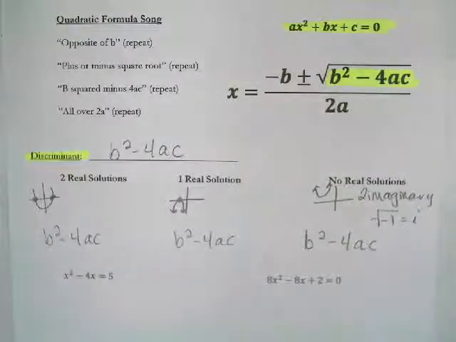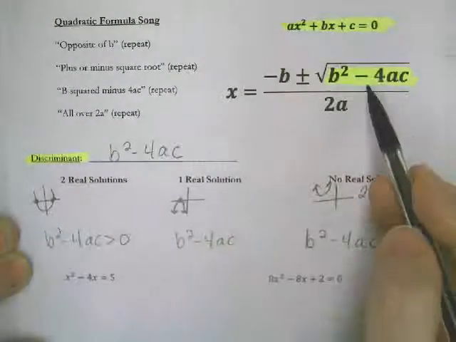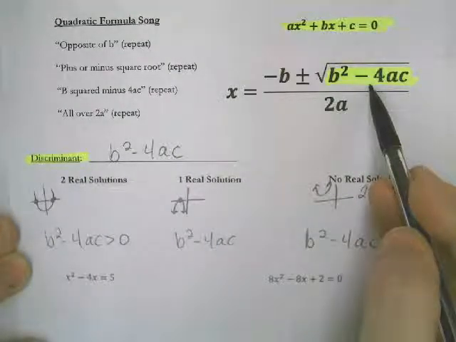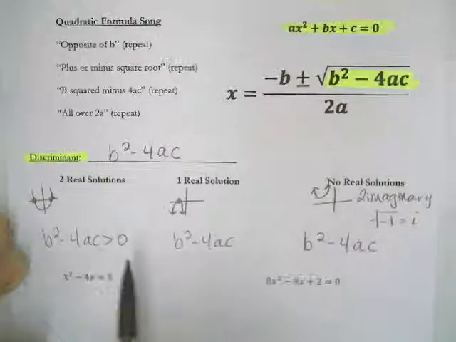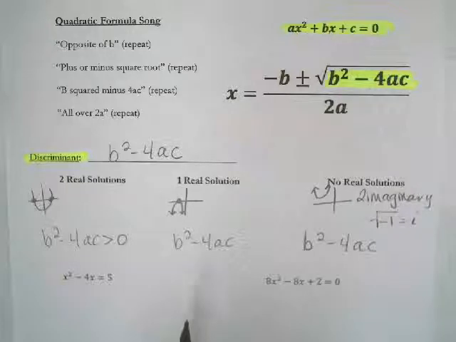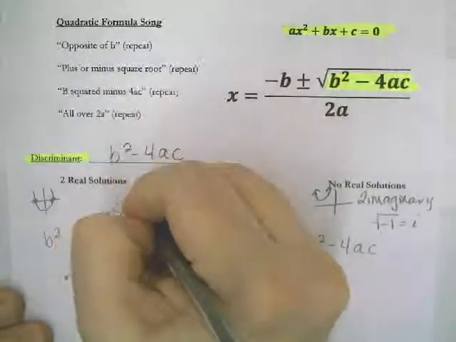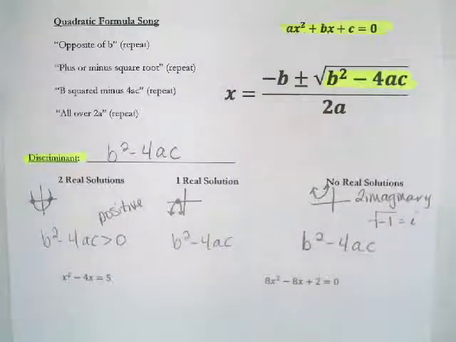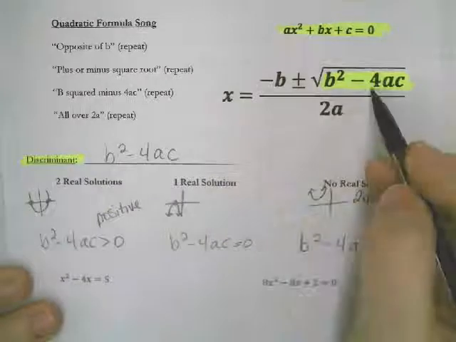So whenever the discriminant is a positive number, I know I'll have two real solutions. If I get a 0, the square root of 0 is just 0. So something plus 0 and something minus 0 is the same thing. So if it equals 0, I know I'm going to have only one real solution.